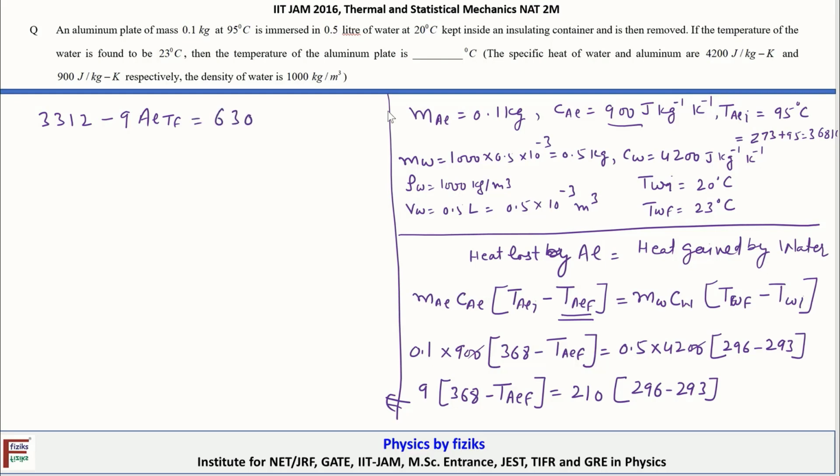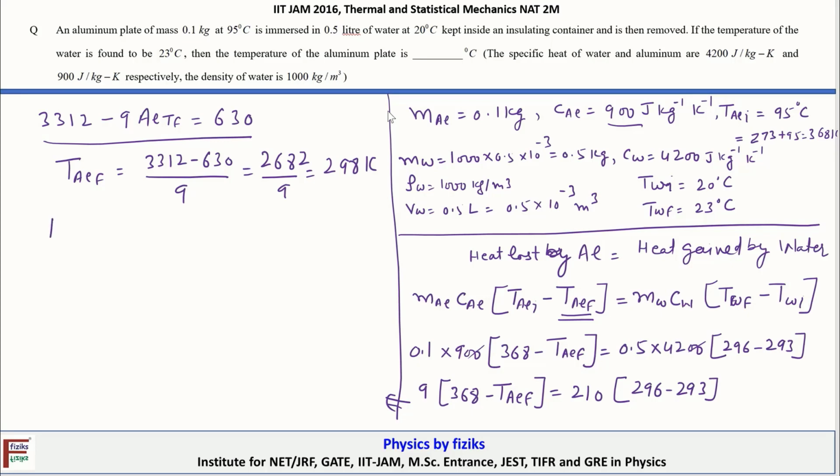So after solving this for the final temperature of aluminum, T aluminum final will be equal to 3312 minus 630 divided by 9, and this is equal to 2682 by 9, which is nothing but 298 Kelvin.